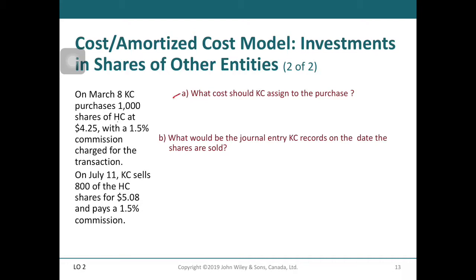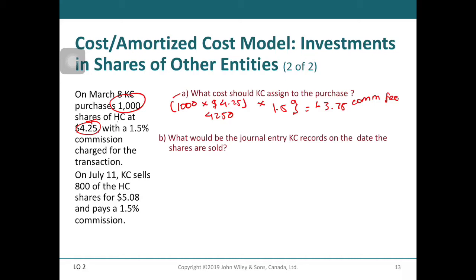KC buys 1,000 shares at a price of $4.25 per share, so it will be 1,000 multiplied by 4.25, which is 4,250, and do not forget the commission. Let me open my calculator first. 4,250 multiplied by 1% is 42.5, the commission fee.